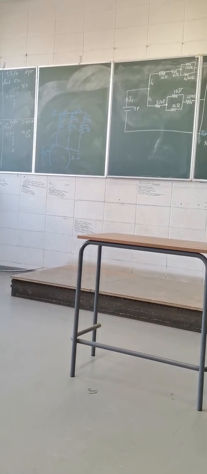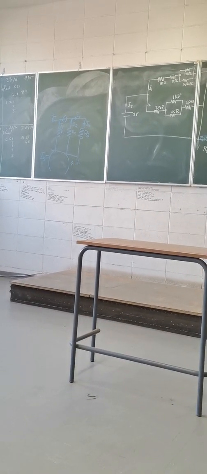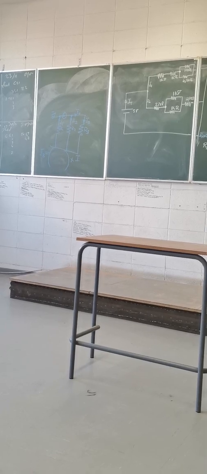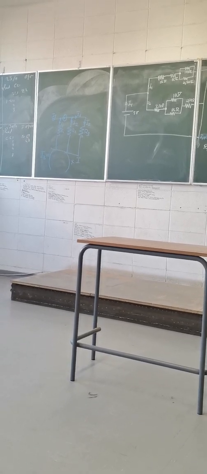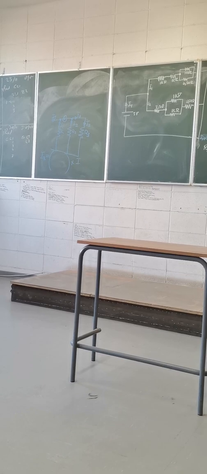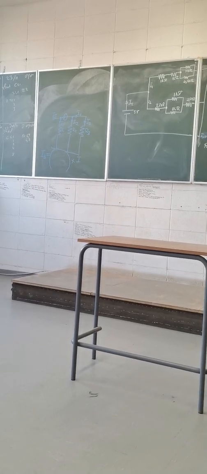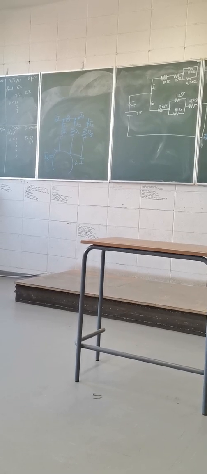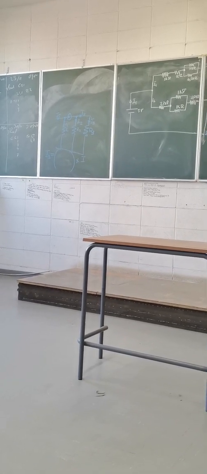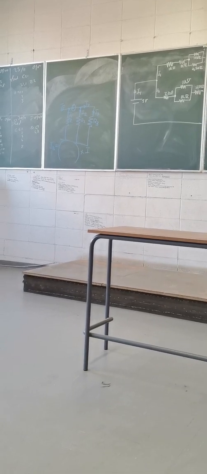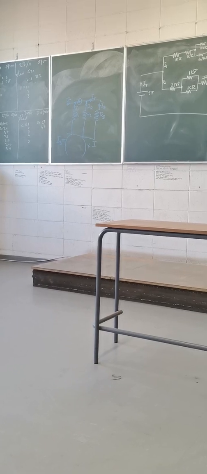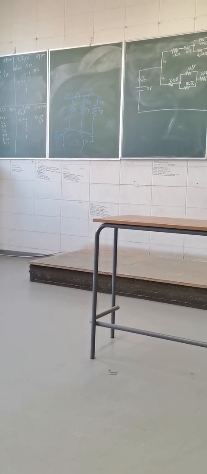The current divider rule will work at its maximum when the current is splitting on a branch that consists of two components. You understand each other?